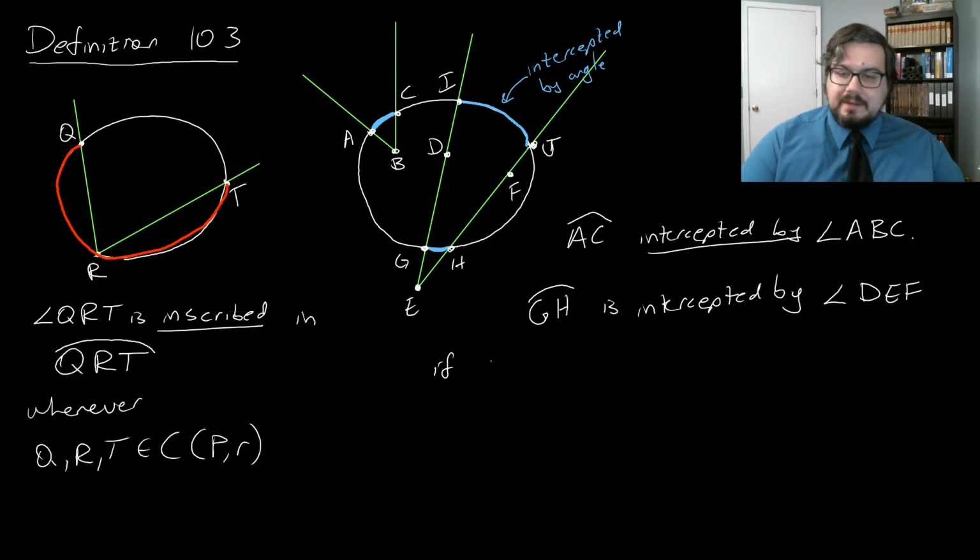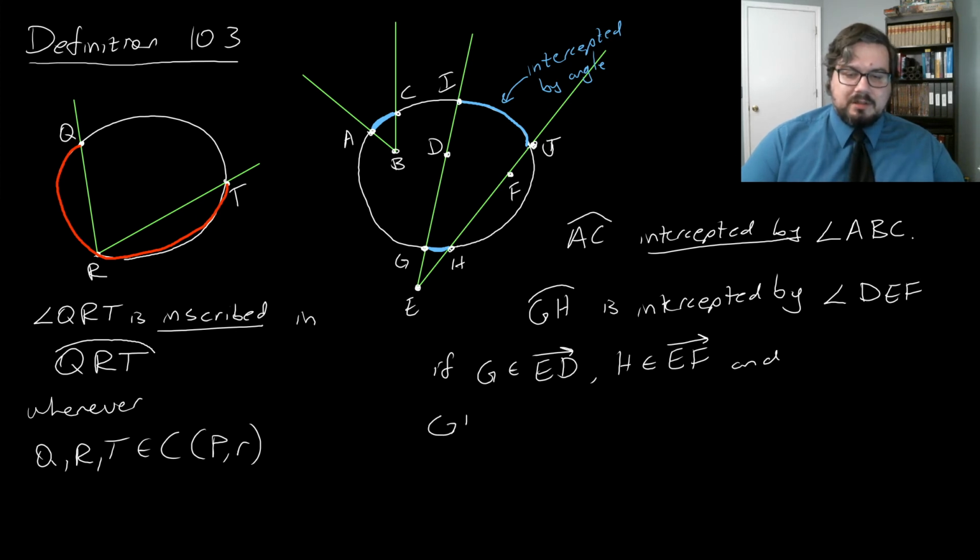if G lies in the ray ED, H lies in the ray EF, and we have that the arc GH lies in the angle DEF union with the interior of the angle DEF.